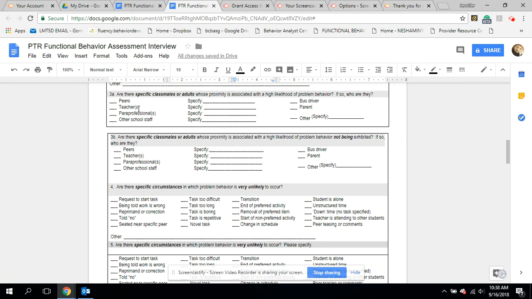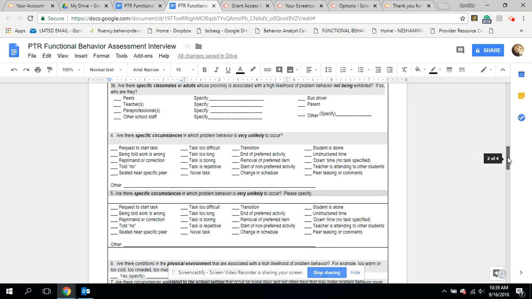Not a problem. If this student has a paraprofessional or a certain peer that you will see them engage in, let's say, disrespect towards, then maybe you would put the number 2 there, okay? But again, typically the teachers who will see these students for longer periods of time are going to be able to answer more of these questions, okay?